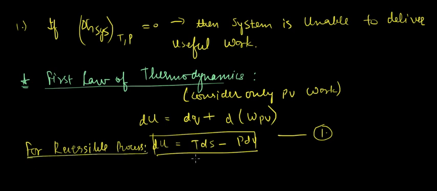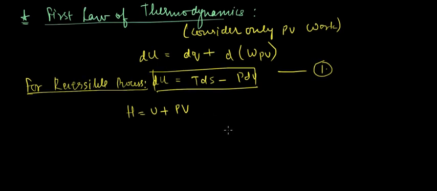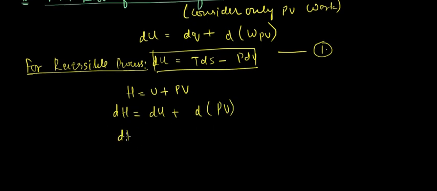Okay, and we also know that H is equal to U plus PV. So from here we can write dH would be equal to dU plus d(PV), or dH would be equal to dU plus PdV plus VdP plus dPdV.